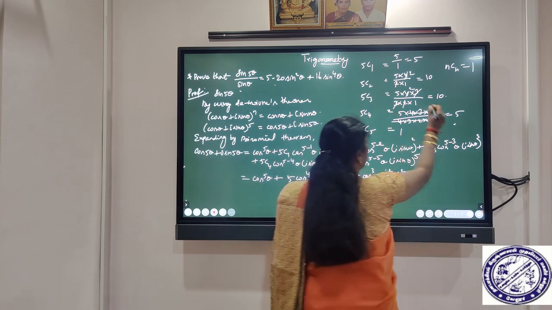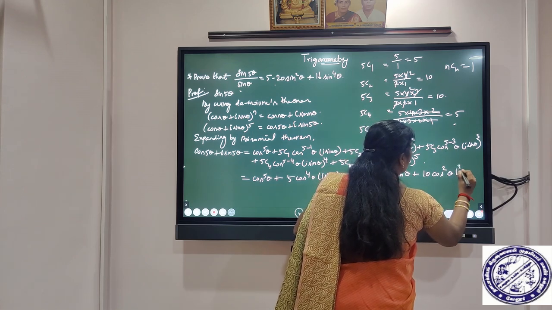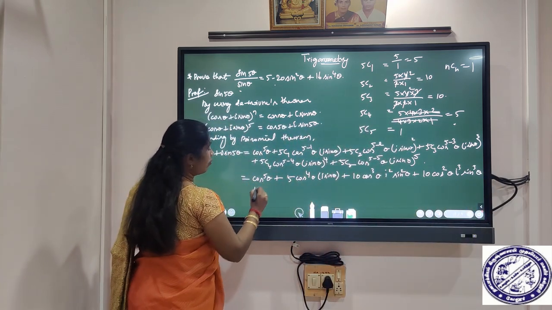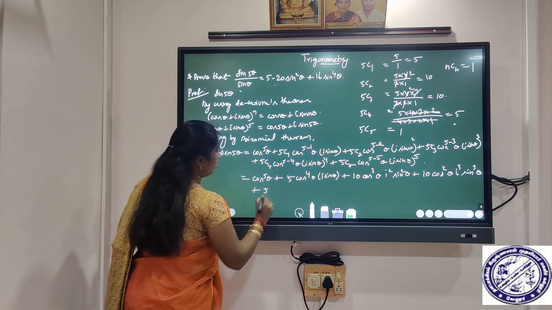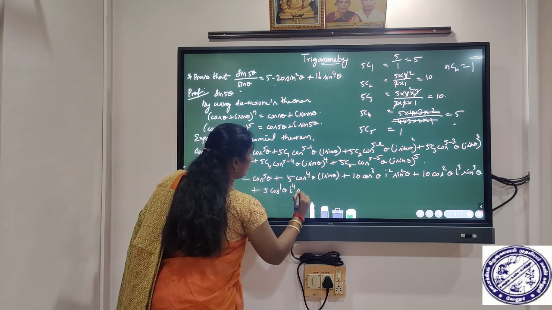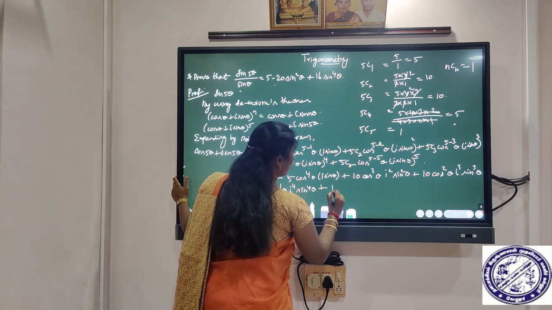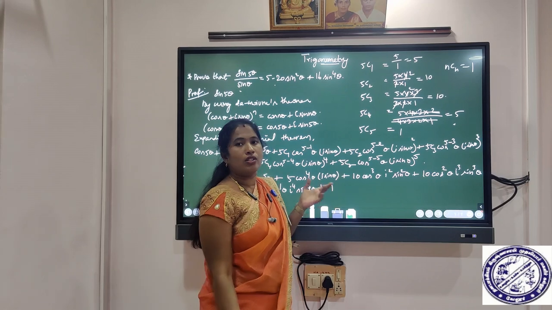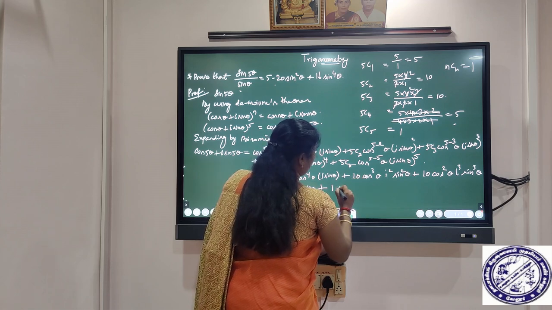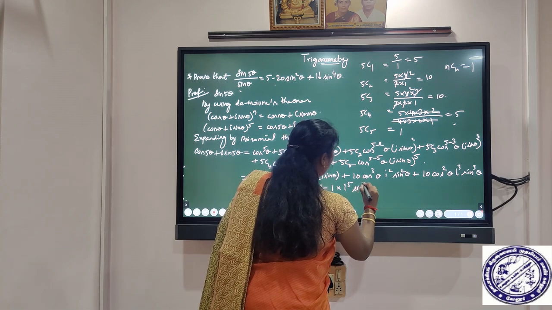Next, the 5C3 value is 10, cos power 5 minus 3 is 2, i cube sin cube theta. Next, plus 5C4 value is 5, and cos power 5 minus 4 is 1, i power 4 sin power 4 theta. Final one, the 5C5 value is 1 and cos power 5 minus 5 is 0. Anything power 0 is 1, so 1 into 1 is 1, i power 5 sin power 5 theta.